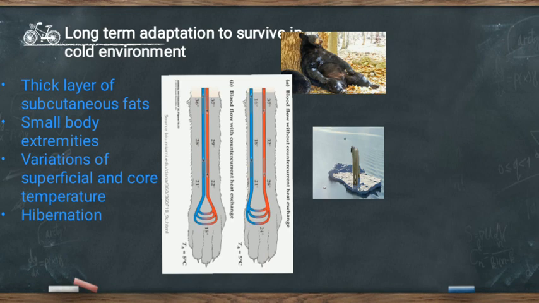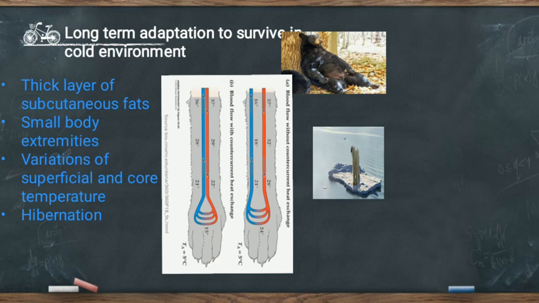Now, some organisms use a mechanism known as the countercurrent heat exchanger, whereby the extremities of the animals, for example the limbs, are cold.